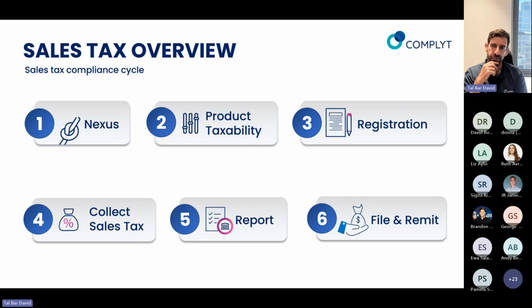I know it sounds very complicated, but I can tell you something that you should always keep in mind. Eventually, sales tax doesn't come out of your pocket.